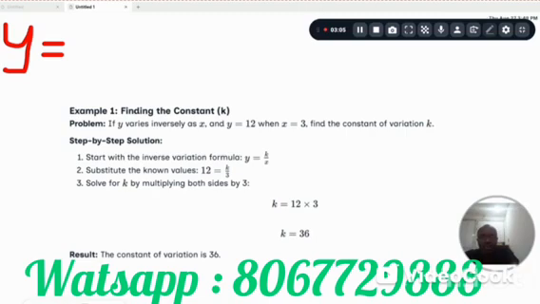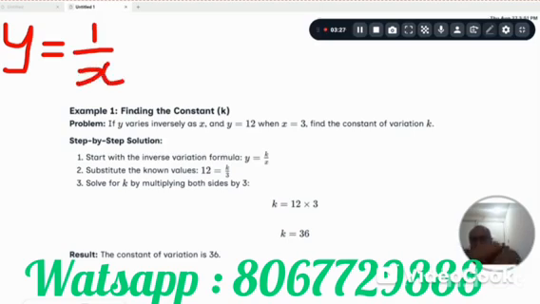Now don't forget we have been told that the inverse of 5 is 1 over 5. So the inverse of x will be 1 over x. So it won't be y equals x, it will be y equals 1 over x.